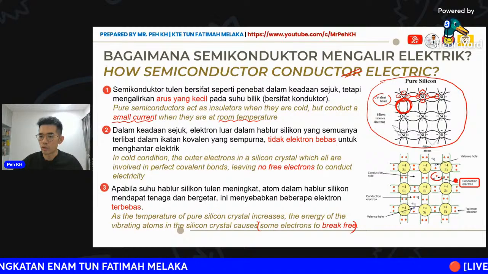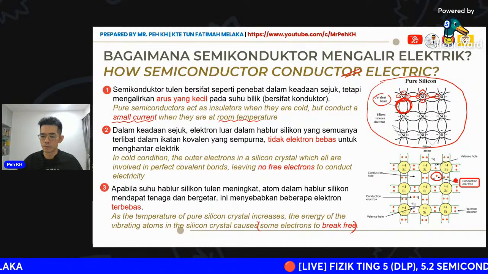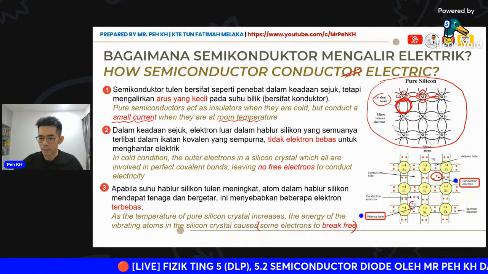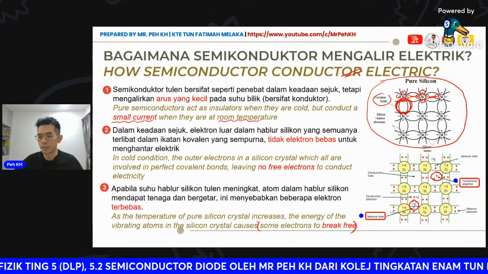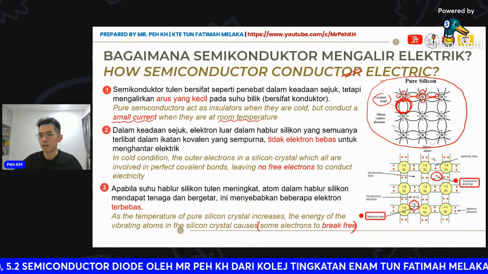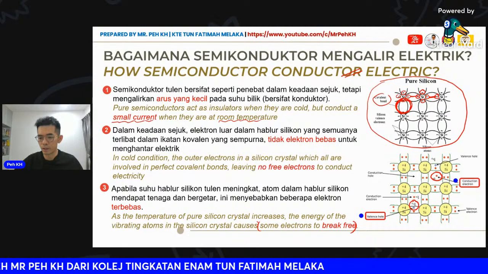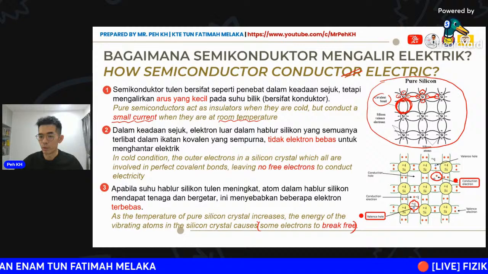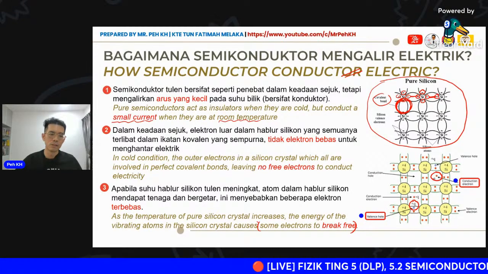The electron that breaks free is known as a conduction electron. Then you may see here we have an empty space, because the conduction electron broke free from the bond, and here we leave a hole, which is less negative and known as a valence hole.